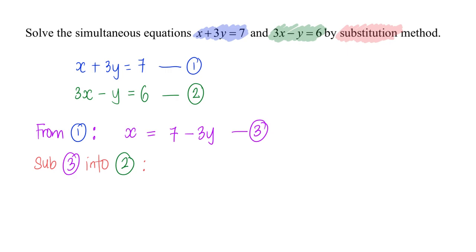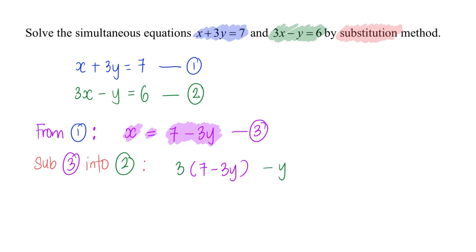And how do we substitute then? 3x. And now I know this x is equal to 7 minus 3y. That means I am not going to write x anymore. Instead, I'm going to write 7 minus 3y.